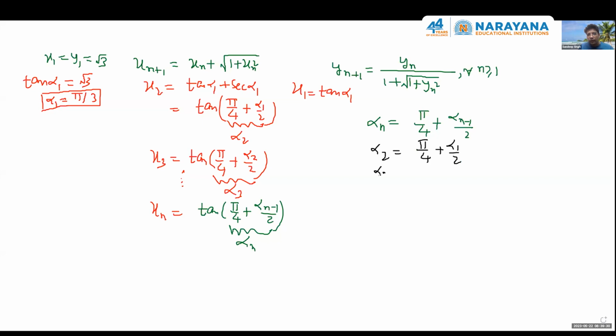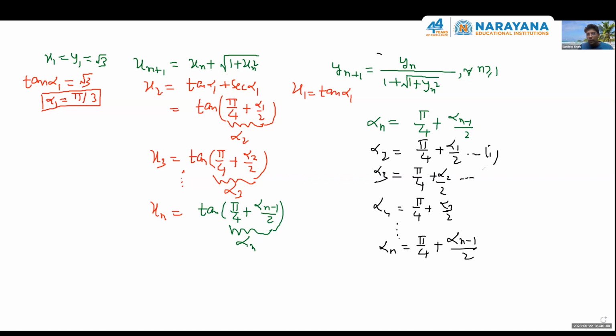Alpha 3 is pi by 4 plus alpha 2 by 2, and so on till you reach alpha n as pi by 4 plus alpha n minus 1 by 2. So to evaluate alpha n, what are you going to do? This is your first equation. This is your second equation.